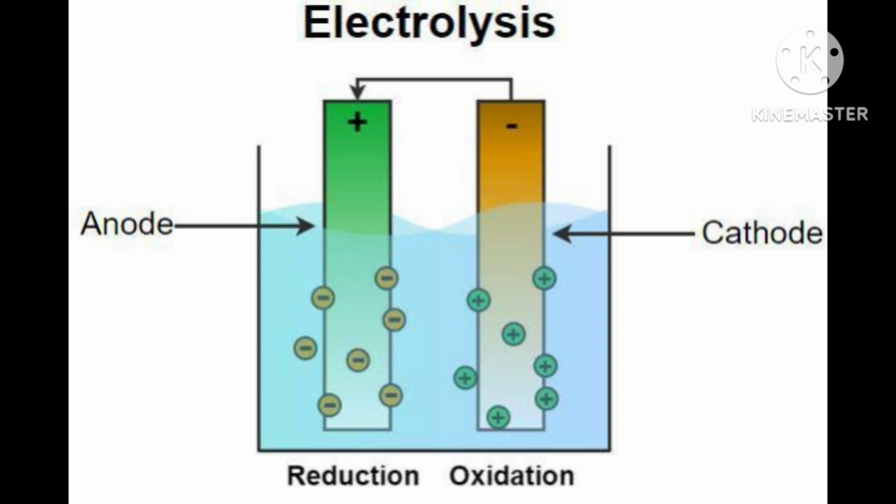Then R is equal to rho into L upon A. This rho is a proportionality constant and is called resistivity.